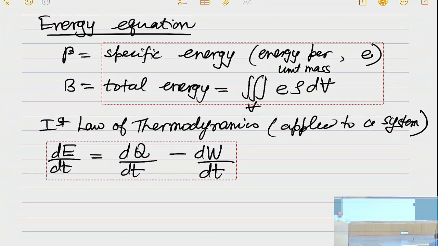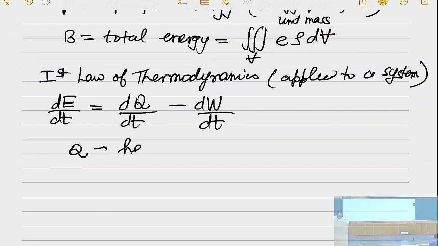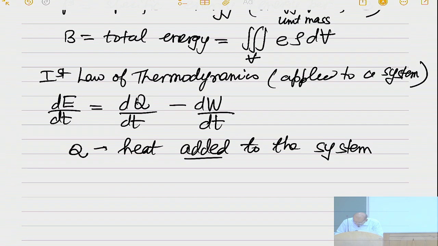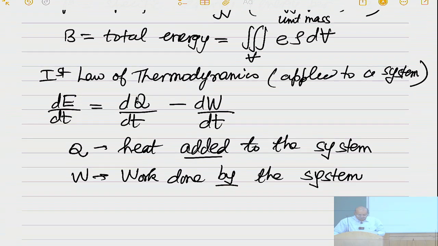So here now, in this case, E of course I have defined, Q is the heat added to the system, and W is the work done by the system, not on the system.